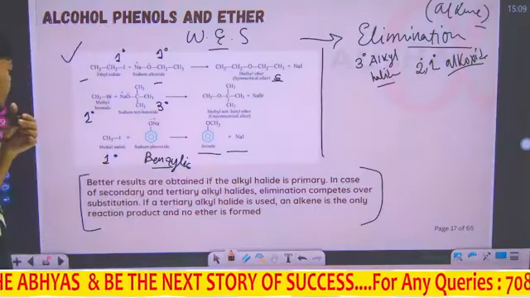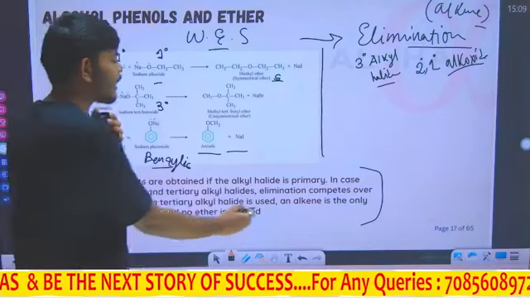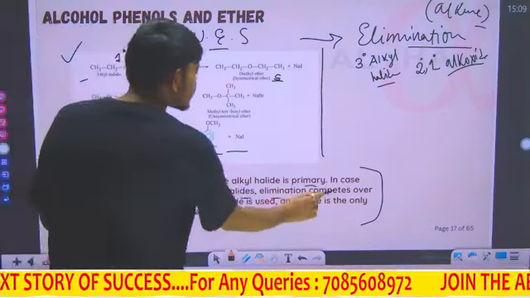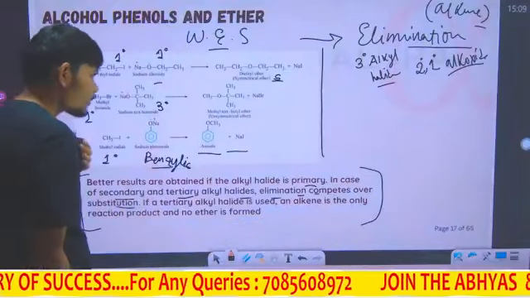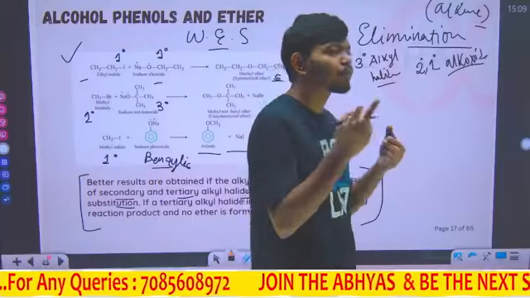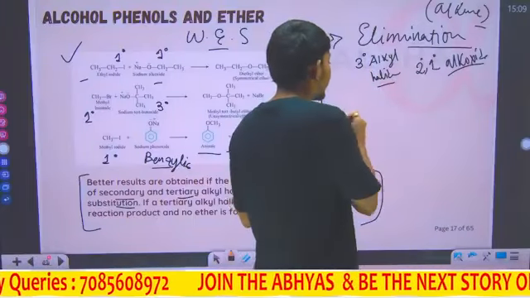Better results are obtained if the alkyl halide is primary, as I have said earlier. In case of secondary, tertiary, elimination competes over substitution. So many products are formed. That doesn't mean the reaction is not there.